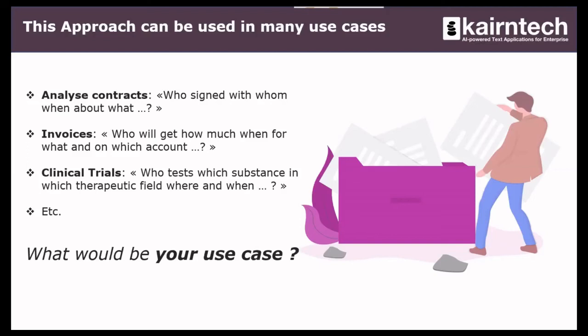Easy to see if there are 5 and feasible if there are 50, but what if there are 5,000? I would hope I'm able to automate that task and maybe find the biggest one or find the latest one or something like that. Clinical trials: who has worked with what kind of drug, with what kind of substance, to investigate which disease, which therapeutic field. And there are many, many more.